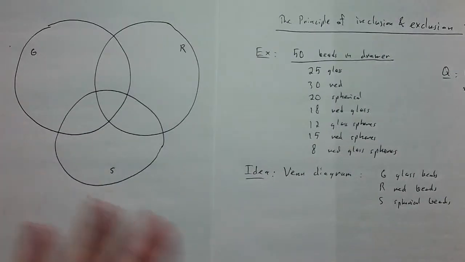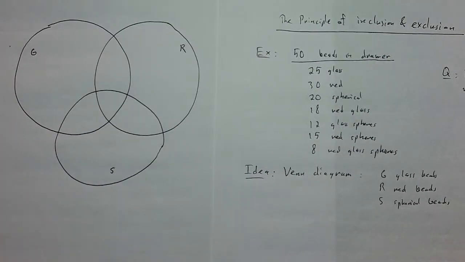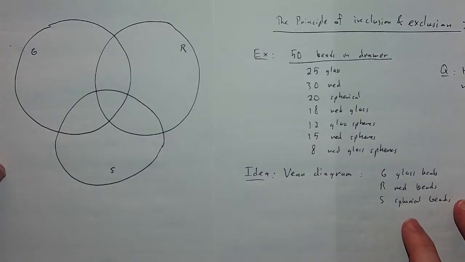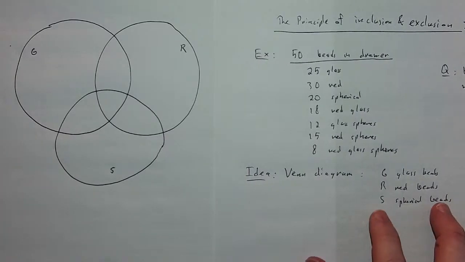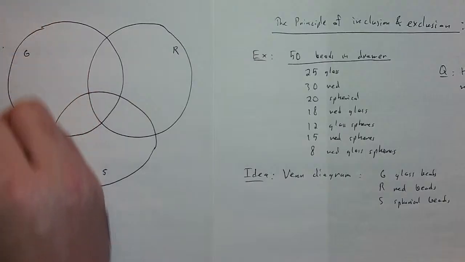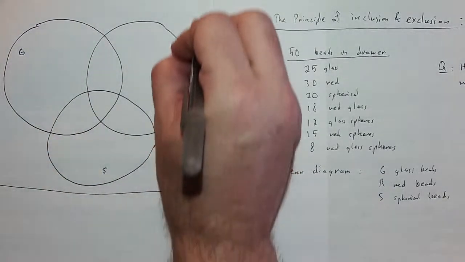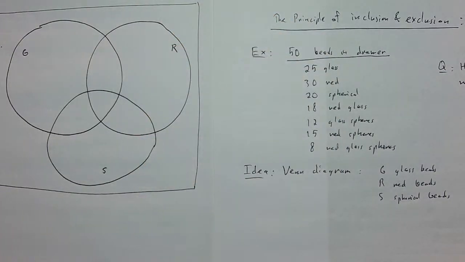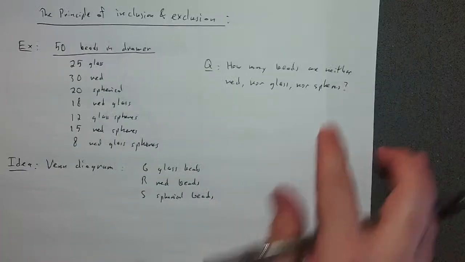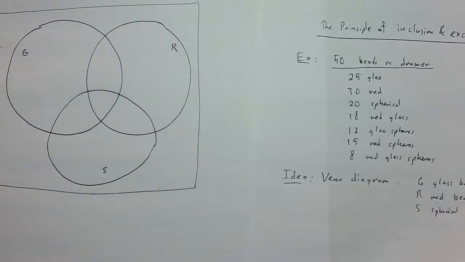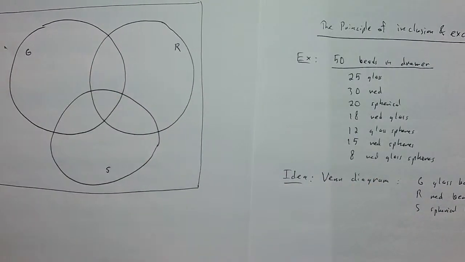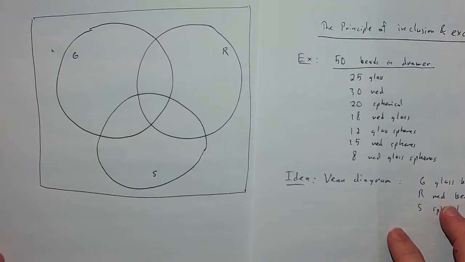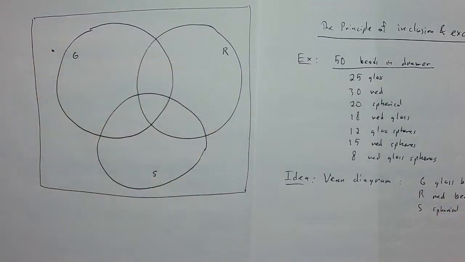We have 50 beads total, so I'll box it off, and I have an exterior. When I ask how many beads are neither red nor glass nor spheres, I'm looking for a bead outside all of these. But let's label how many I have in each region.